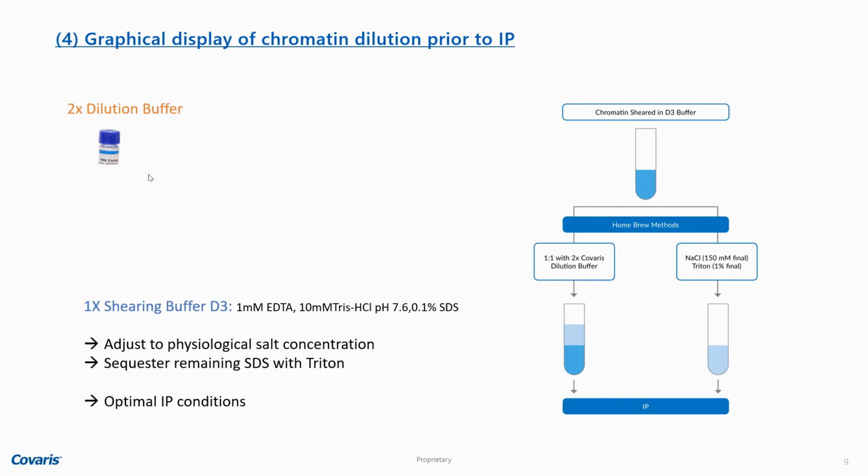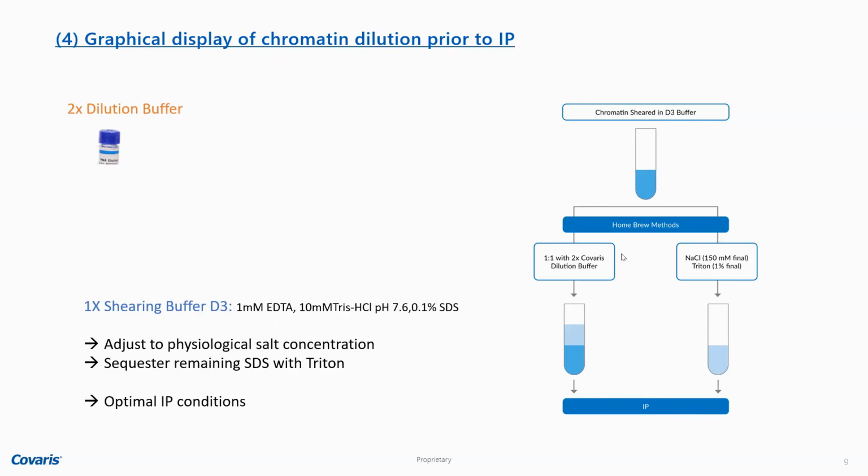We have added this buffer, but we thought, in order to make this easier for you to follow, to also put a schematic here. So you're starting off with your sheared chromatin in D3 buffer, and then you can either go with the 2x dilution buffer, dilute 1:1, and then go into your IP of interest.